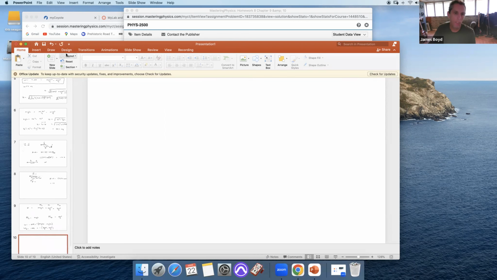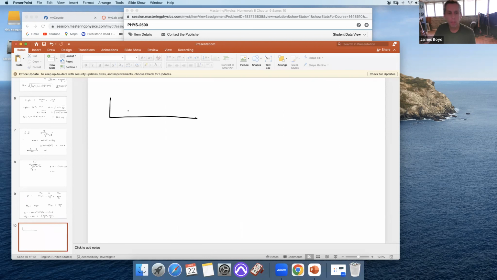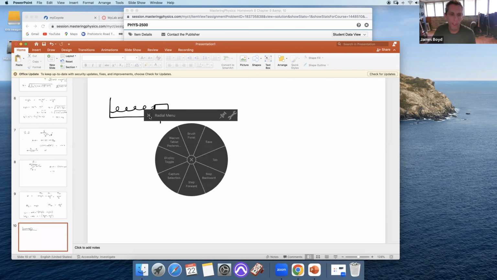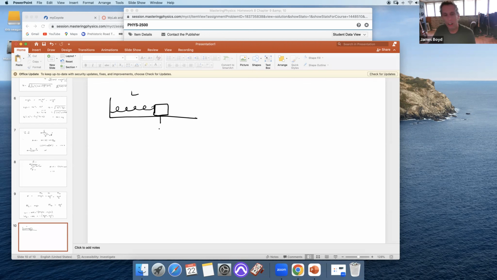However, for a block on a spring, if you didn't compress it, you didn't pull the block out, in or out, that rest length, that L, X is 0 when it's sitting at its rest length. And then if we compress it some, we would get a negative X. And if we pulled it out, we would get a positive X. The force of the spring is negative Kx.